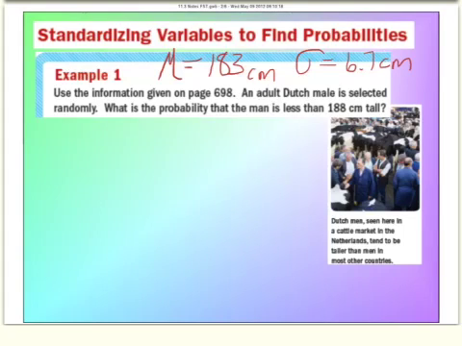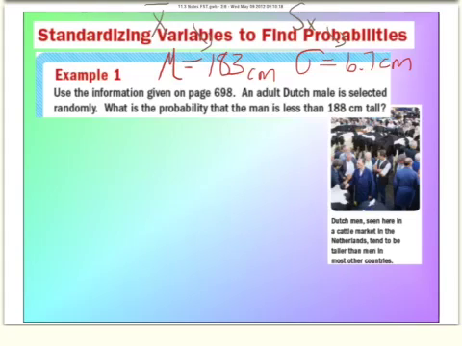Which means on average, if I randomly select someone in the population, he will be either above or below the mean by 6.7 centimeters. And again, this mean here is for the population. We're used to seeing x bar, and we're used to seeing s sub x. And those are for the sample.